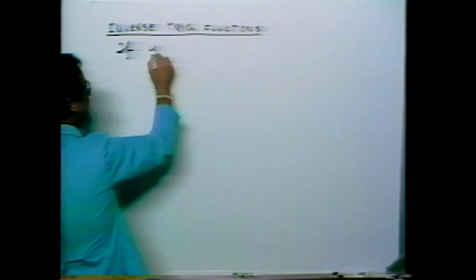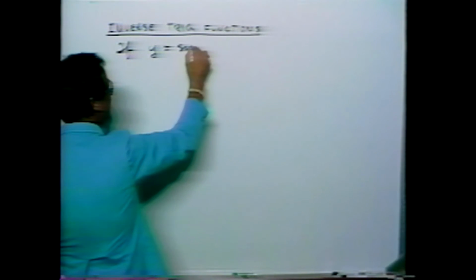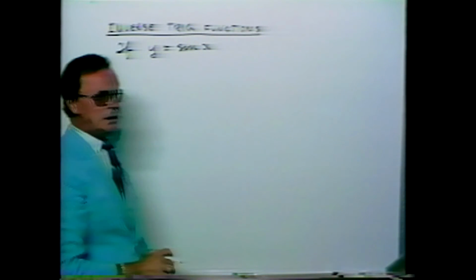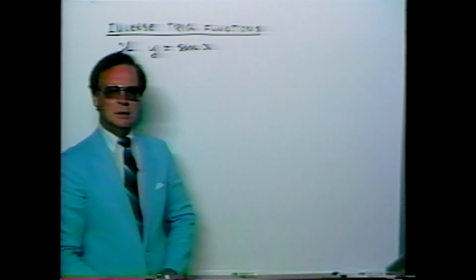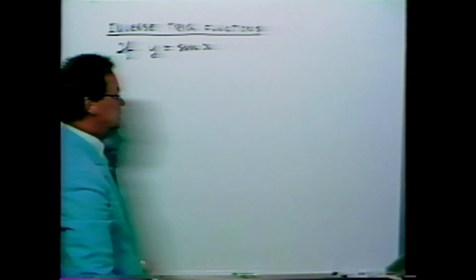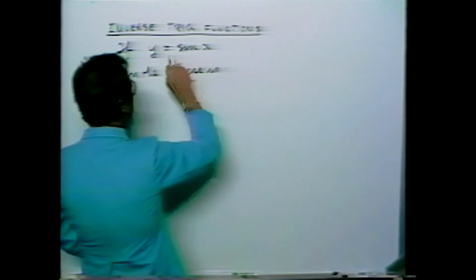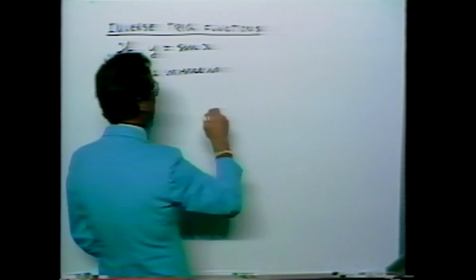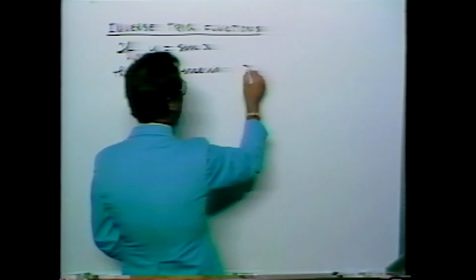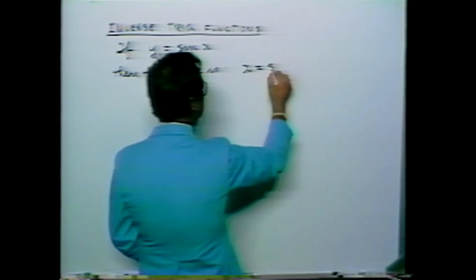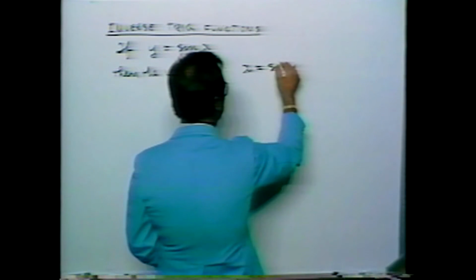The next topic is inverse trig functions. If y equals the sine of x, the inverse to this equation is, exchange the y and x variables, and x is equal to the sine of y.